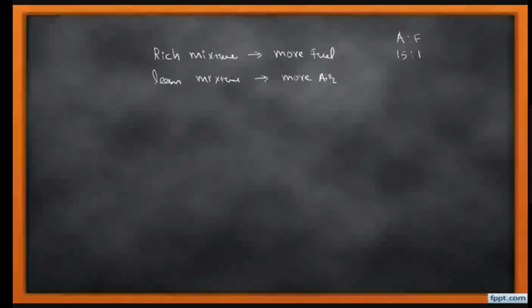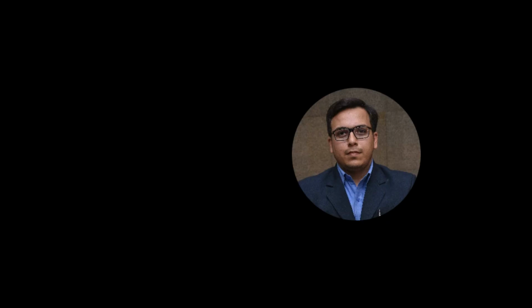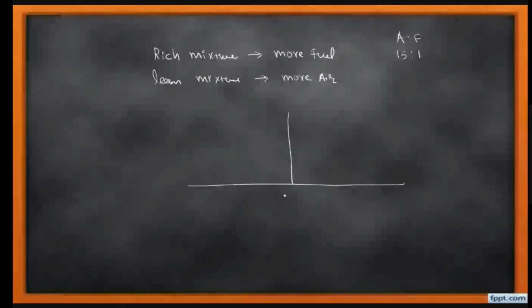Suppose I want to express over here on some scale, then I express over here this 15:1, and if you go this side, like here it is 7:1, here it is 20:1. So this side is indicating the rich mixtures and this side is indicating the lean mixtures.